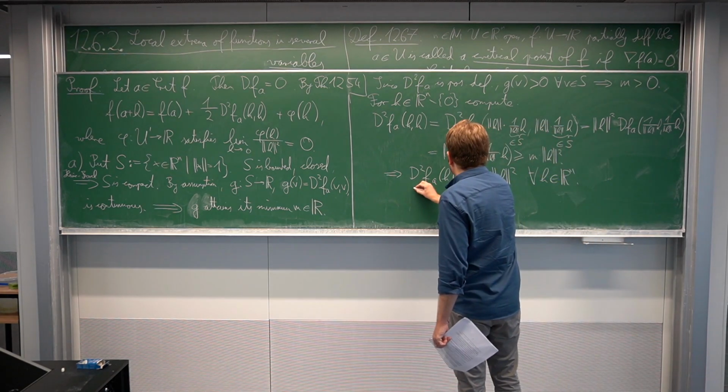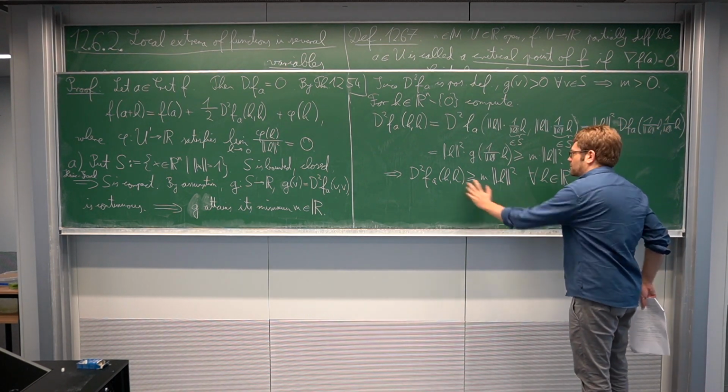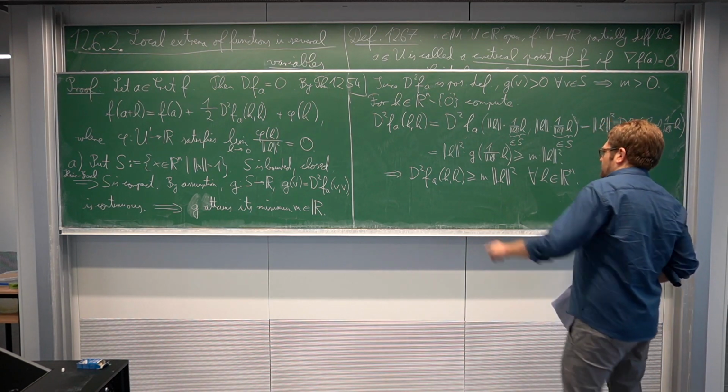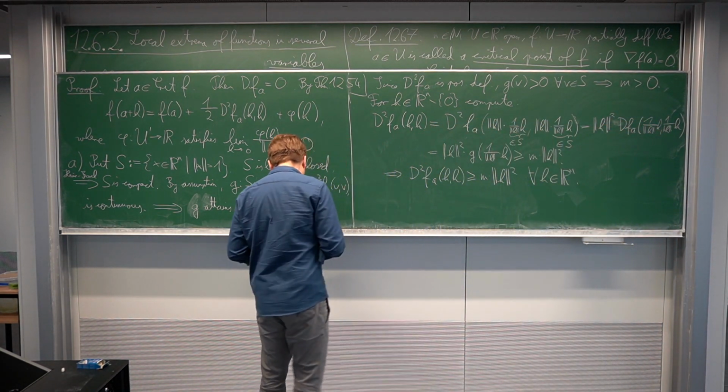And this is easy to see because the only thing that we haven't checked is the zero vector, but if we insert 0 there, we have 0 on both sides, so this holds true as well. So by this we can estimate this second differential from below, which is a useful thing.